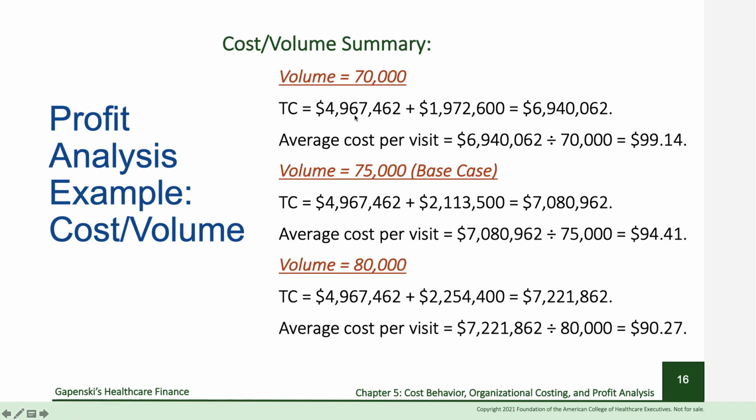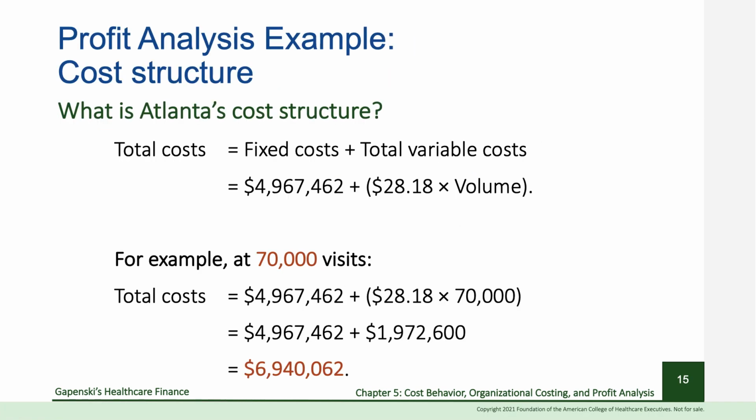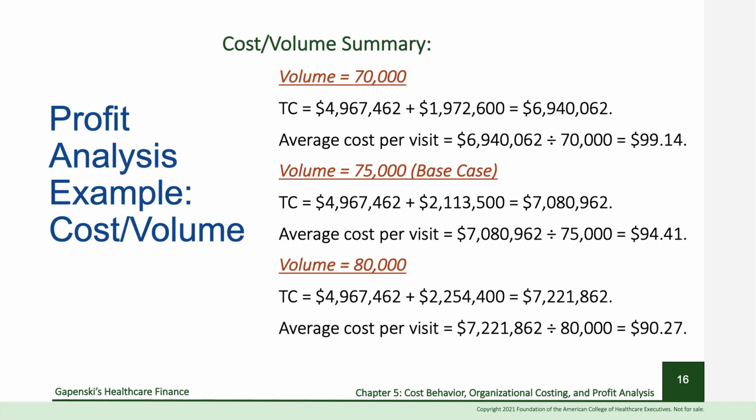The total cost, the addition of fixed cost and variable cost, was approximately $7 million from the last slide, 6,940,062. We carried it over here and divide this number by the number of visits to get the average cost per visit.